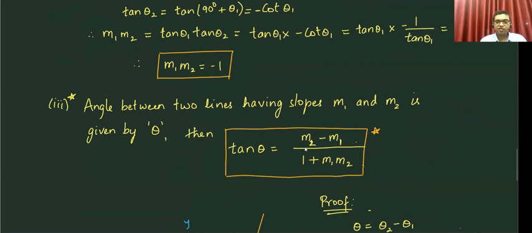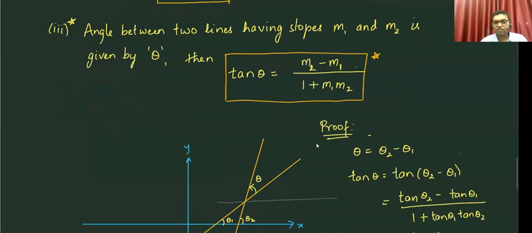Okay, this particular statement. Now if you don't know whether it is m2 first or m1 first, many times in straight lines immediately you don't know, you want the acute angle between the two lines.